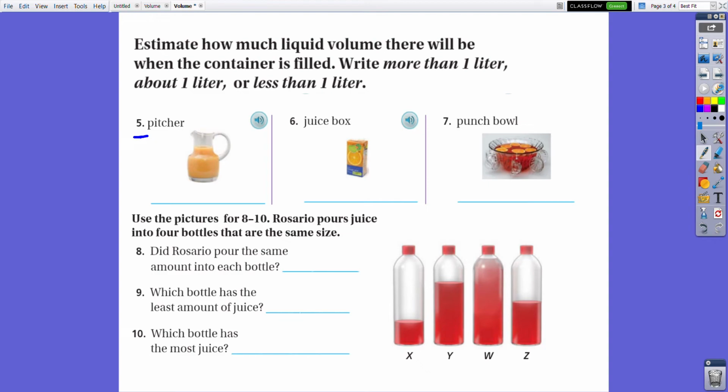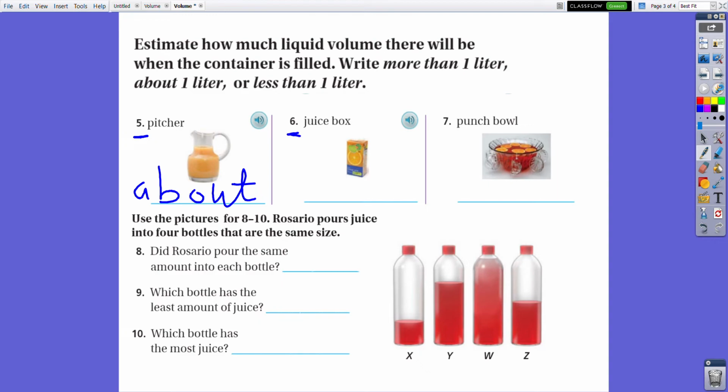What do you think? So compare again the size of this pitcher with the beaker. It's about 1 liter. Okay, about 1 liter.